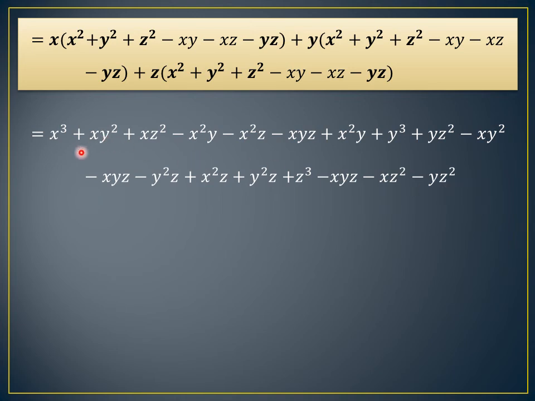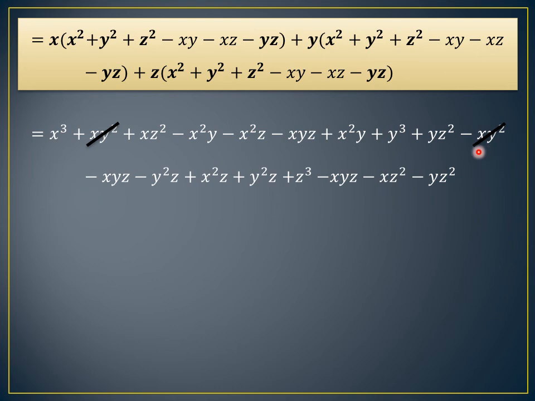To have a clean look of the equation, we can see that we are having three cubes, x cube, y cube and z cube. Talking about the other terms, plus xyz. Is there any other term having xy square? Yes, plus xy square will be cancelled with minus xy square.